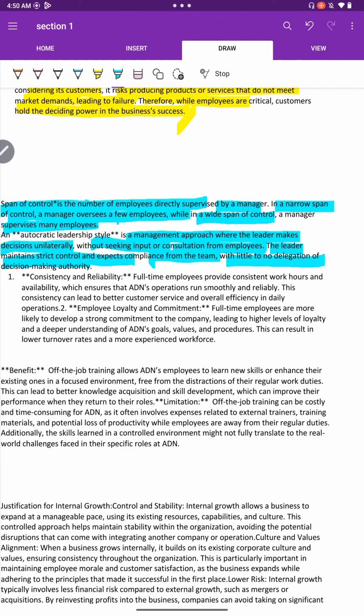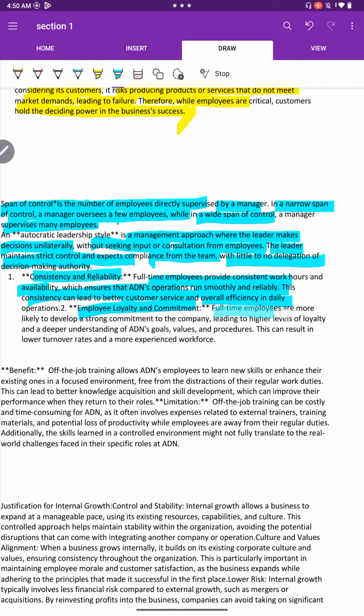So the first advantage you will see is consistency and reliability. Full-time employees provide consistent work hours and availability, which ensures A&D's operations run smoothly and reliably. This consistency can lead to better customer service and overall efficiency in daily operations. The second advantage would be employee loyalty and commitment.